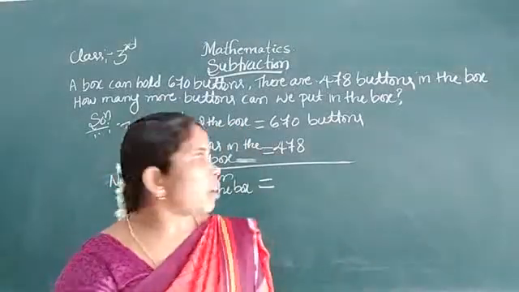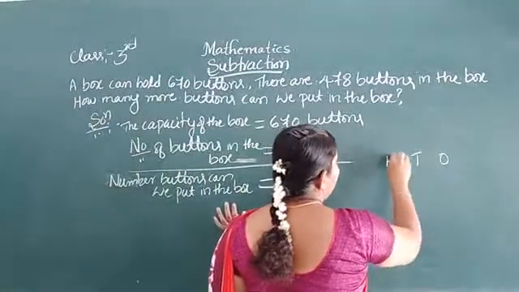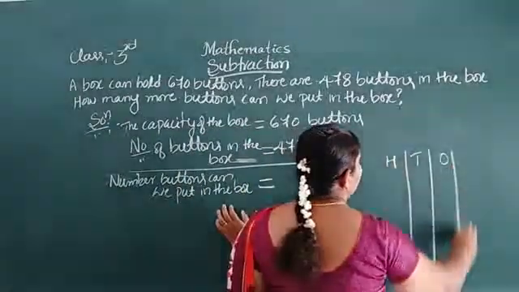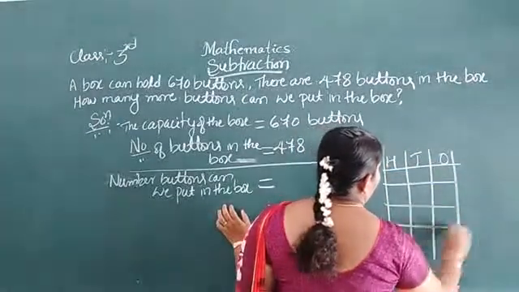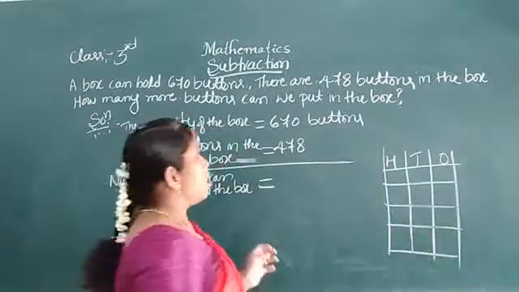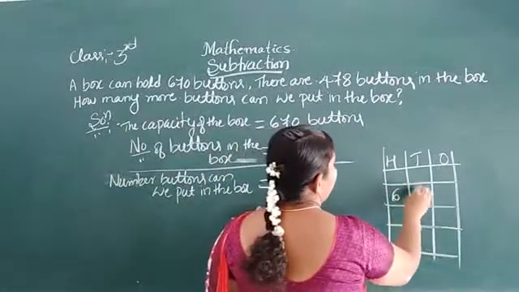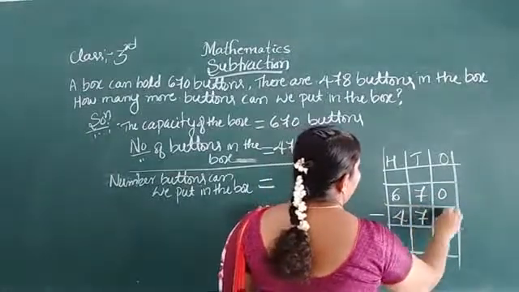Observe ones, tens, hundred. So write the numbers: 670 minus 478.